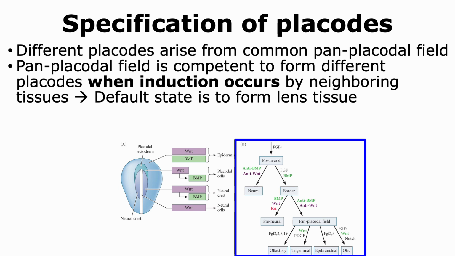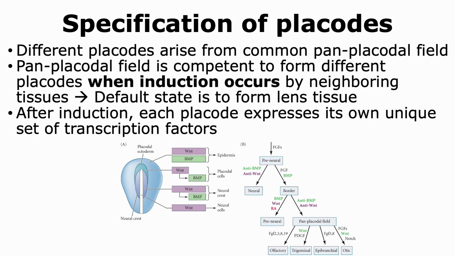You don't have to remember all the steps involved, but what you should remember is the panplacodal field is the portion that will give rise to the different placodes, and that occurs through the process of induction. After induction, each placode will express its own unique set of transcription factors, which makes one placode different from another placode.